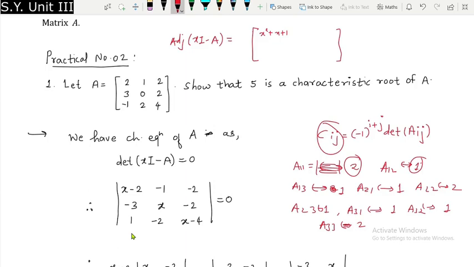Over here it may be some x square plus x, over here it may be x square plus 1, and over here it may be some x plus 1, some x minus 1, some x plus 3, let me say some x plus 9, x plus 7 upon 2, and some x plus 6.